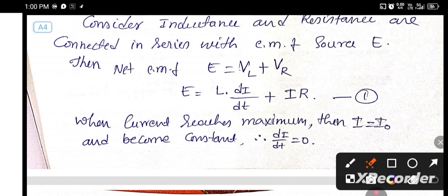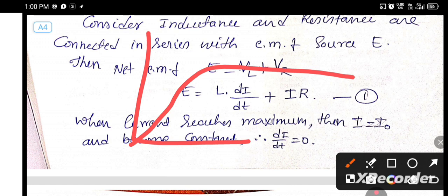When the current reaches its maximum, I changes to I naught and becomes constant. The current rises and becomes constant.